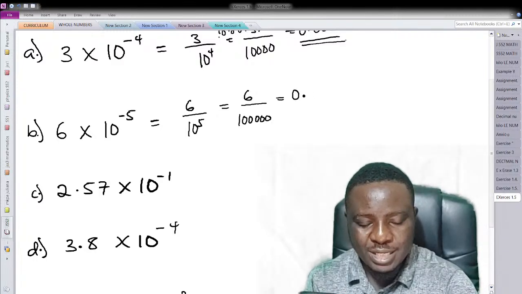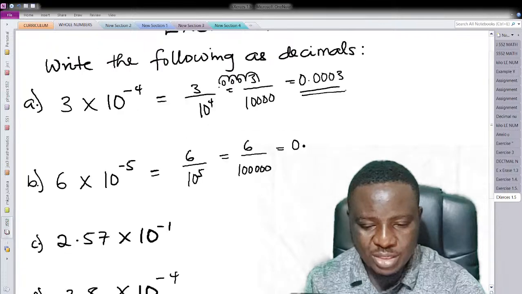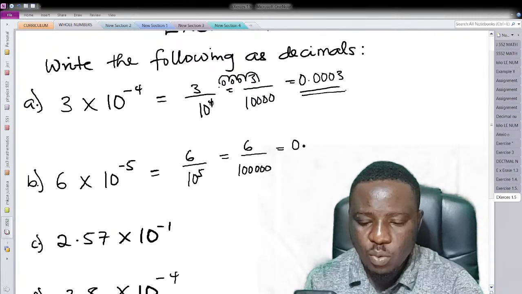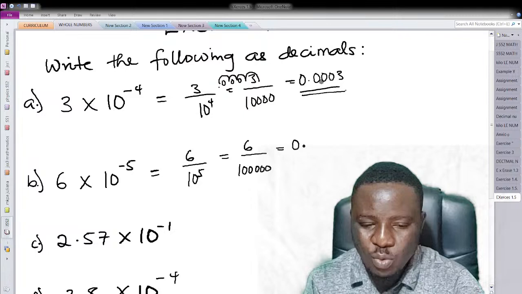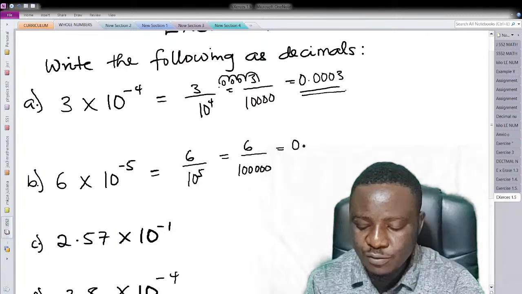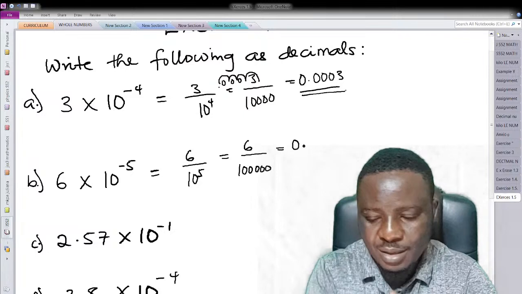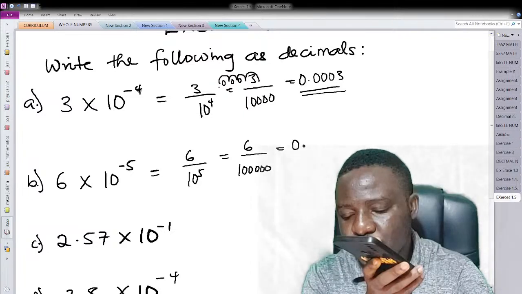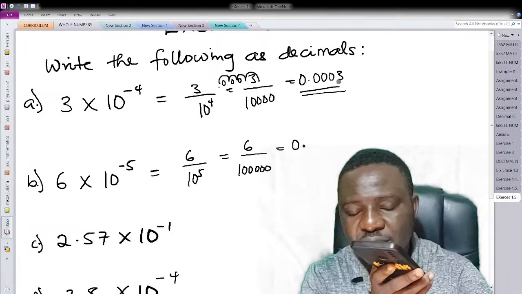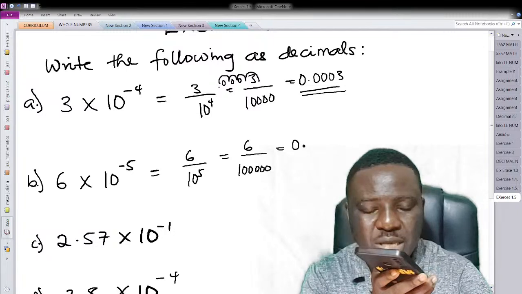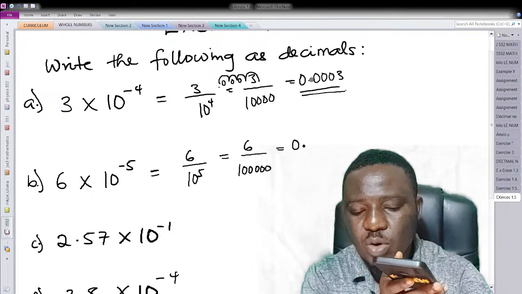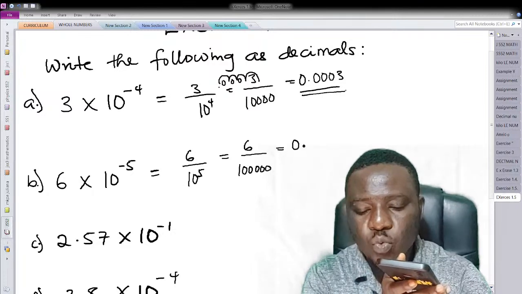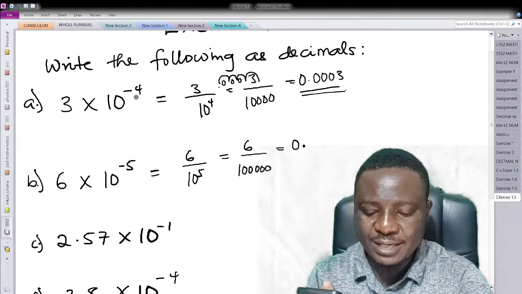0. Now, if you look at the first example I solved, when it is raised to the power of minus 4, we have 3 zeros in front of 3. Can you see it? That tells you that the number of zeros you get in front of the first significant figure is 1 less than the power of 10.